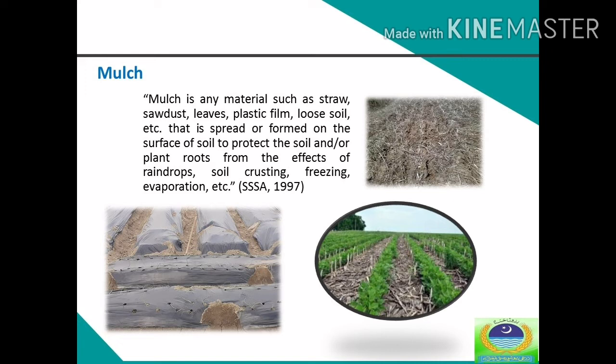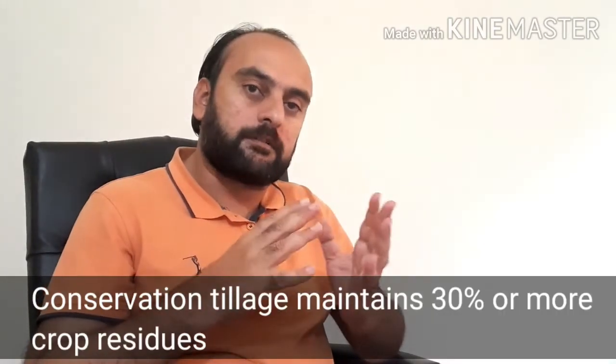Crop residues are most effective during the rainy season because they reduce the amount of energy that arrives at the wet soil surface. The conservation tillage approaches advocate maintaining crop residues on the soil surface.